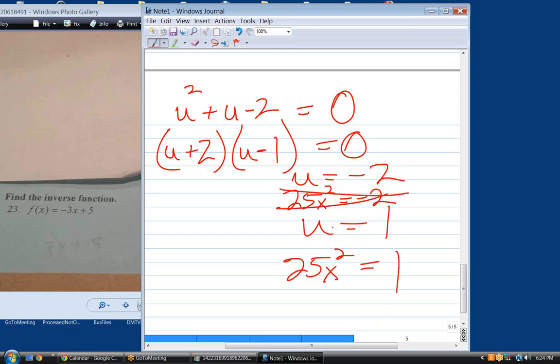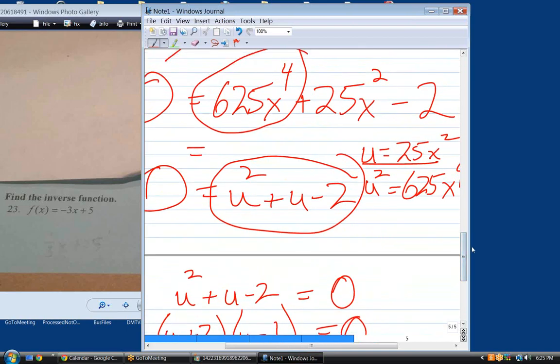That's an extraneous solution. But this is not. If x squared is equal to 1 over 25, then x is 1 over 5. And there's my only solution to that problem.